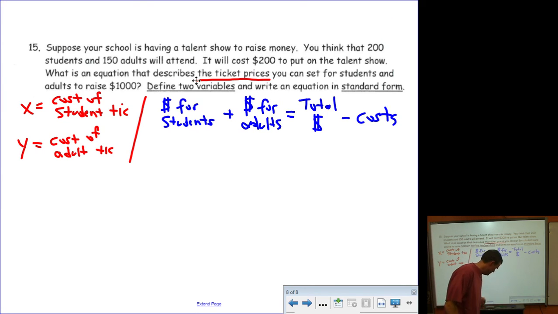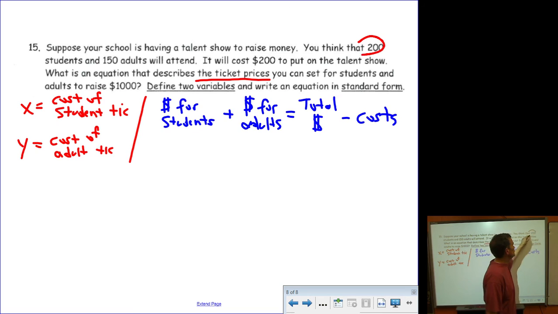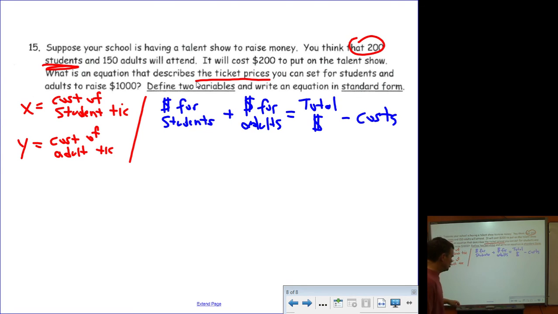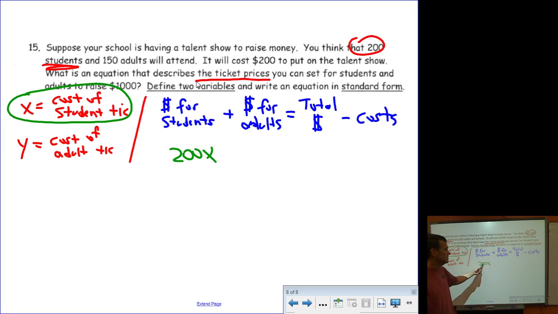Now that might be a little confusing, but how much money am I getting for students? It says here that 200 students are going to come. And if the cost of student tickets is X dollars, then 200 students times X dollars would be how much I would make off student ticket sales. 200 tickets times the cost for each one.